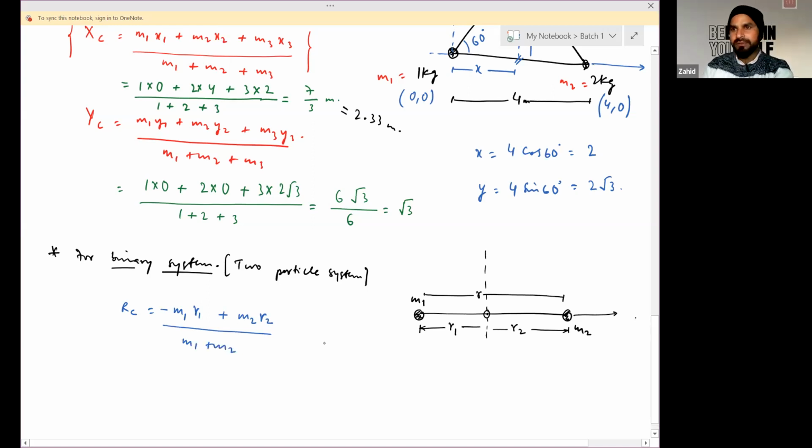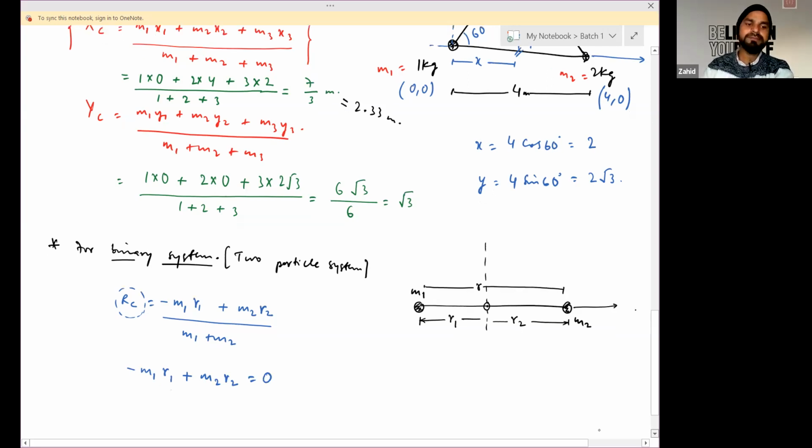Since the position of center of mass in this case is at the origin, this will be 0. So if you move this M1, M2 to the other side, you will get minus M1 times R1 plus M2 times R2 equals 0. Is it clear?